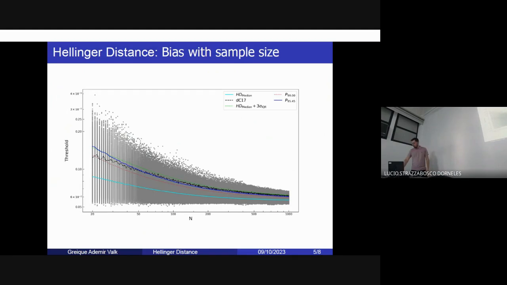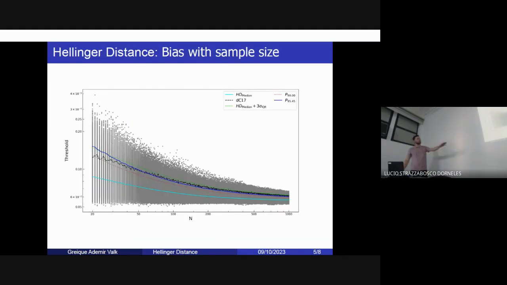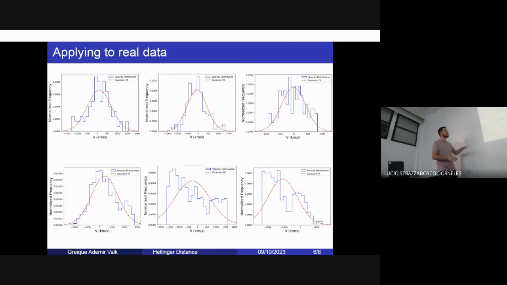Okay. When we apply this criterion to real data, we get something like this. In these three figures, we have three Gaussian clusters classified using our method with the threshold value, and the confidence value is not higher than 90%.